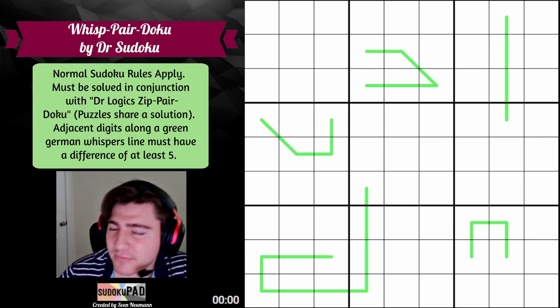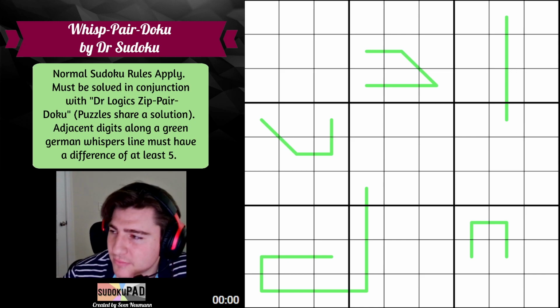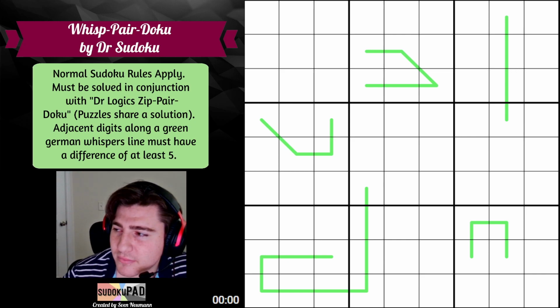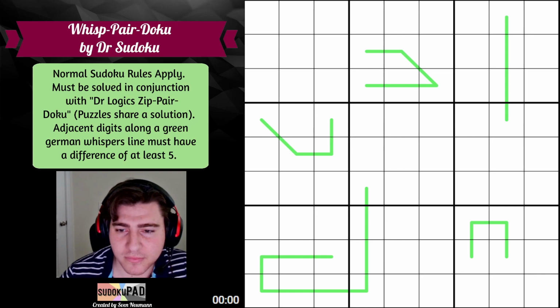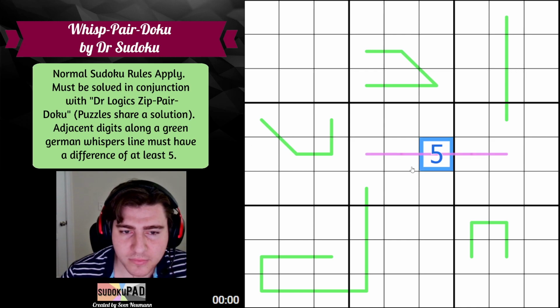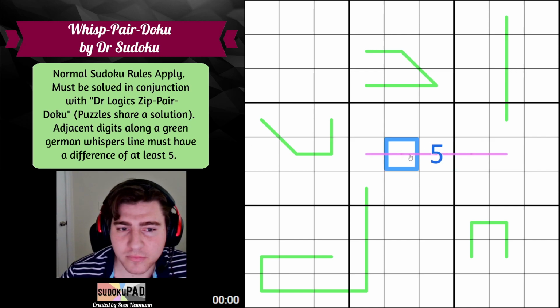You're going to have either three, five, etc. And so you have a middle digit. And when you go one over from the middle, left or right or up or down, those two digits will sum to the middle cell. And you go two over, those two digits will sum to the middle cell, and so on and so forth.